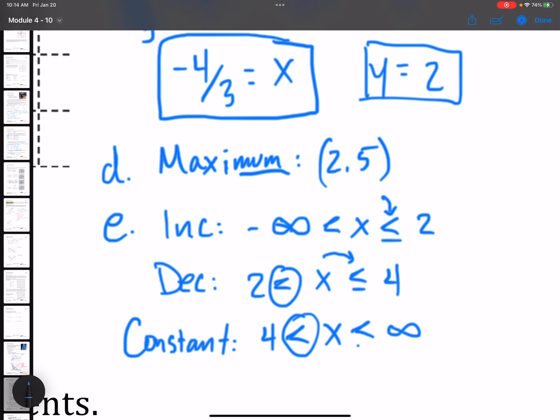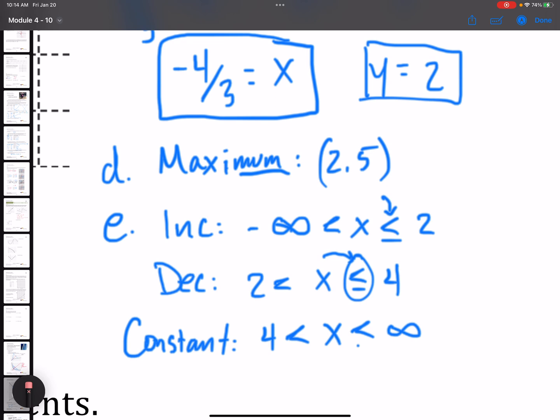You could also do it the other way. You could say x is less than 2, and then 2 is less than or equal to x is less than or equal to 4 if you wanted. But the convention we have used in this class is to do it on the first side, and the second side is just less than. So the second time we hit that value is just less than instead of less than or equal to. If we accidentally did that on a test, would you take off half a point?